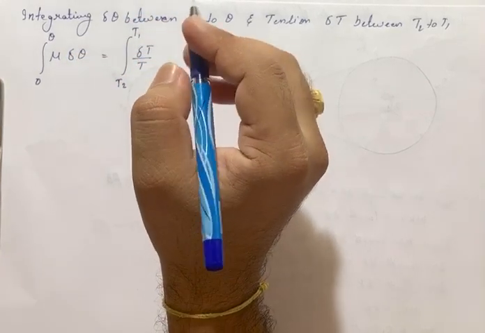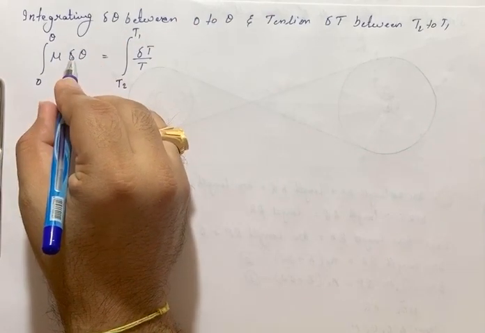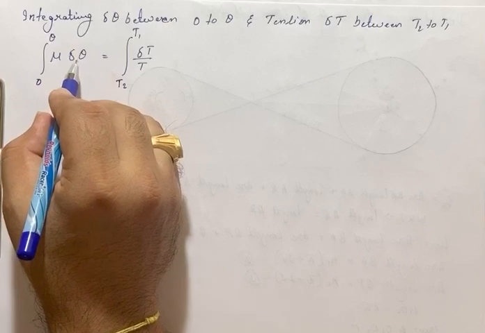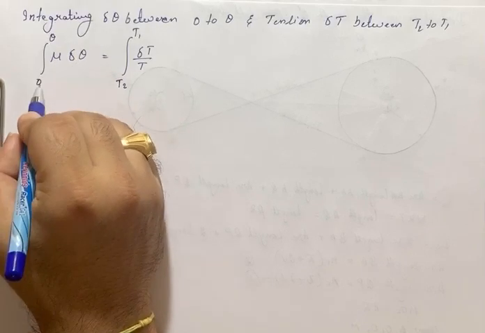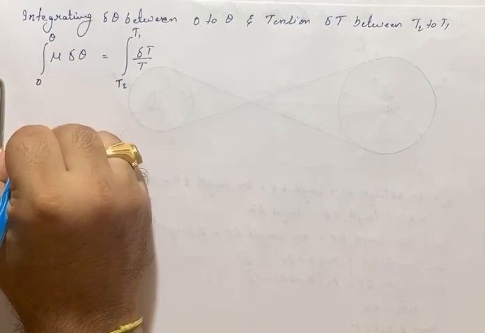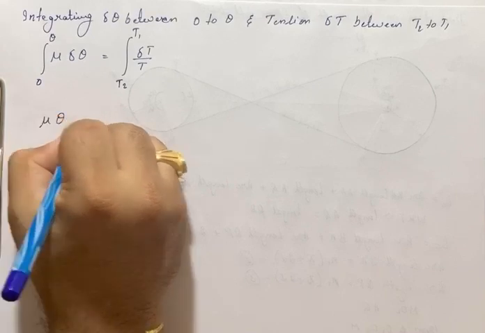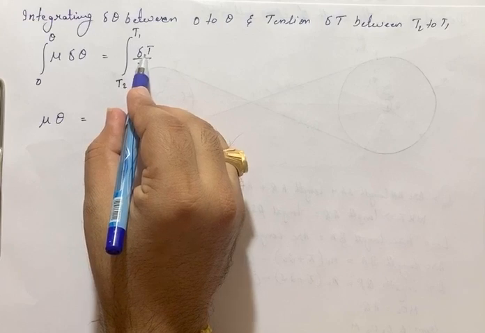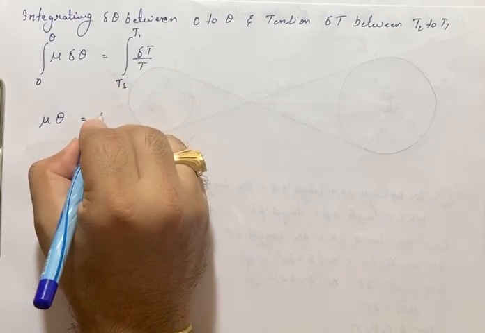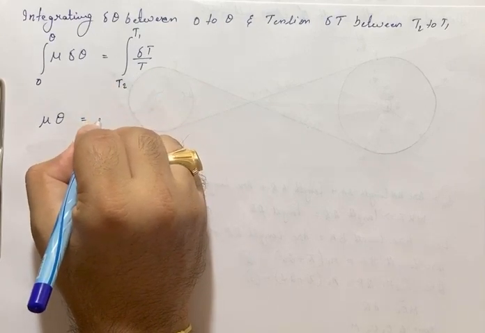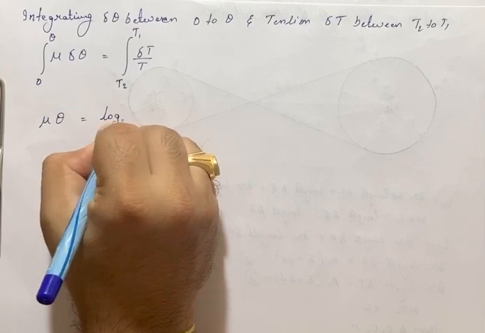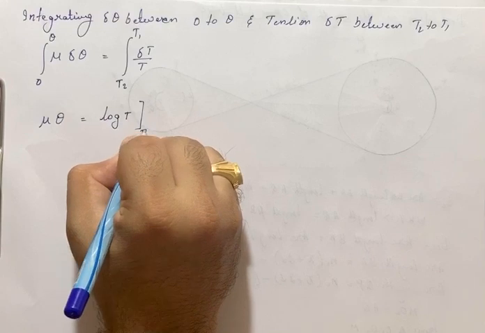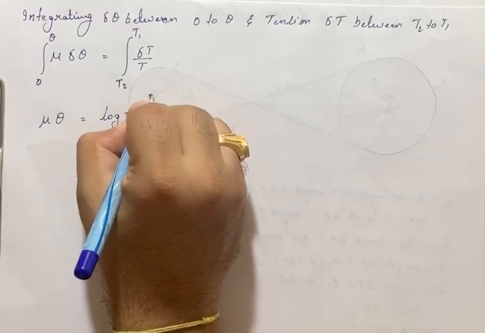Now what is the integration of delta theta? Integration of delta theta will only be theta, with limits 0 to theta, so it becomes mu into theta. Integration of delta T by T becomes log T between the limits T2 to T1.